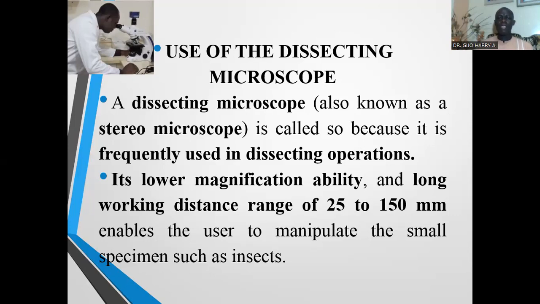So it has a long working distance. The objective is much higher in position than that of the bright field or dark field microscope, so it's easier to manipulate the specimen while viewing it in a dissecting microscope.